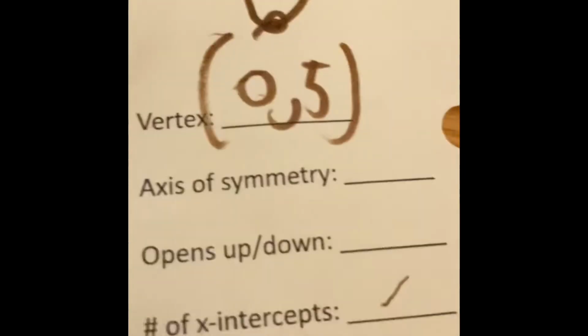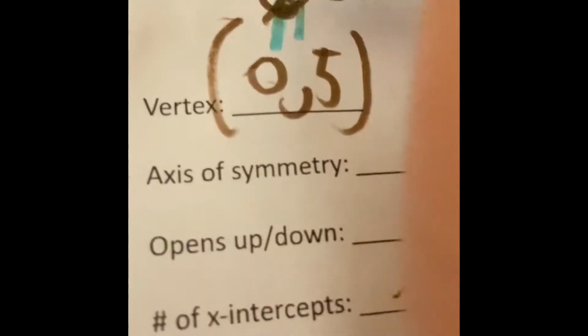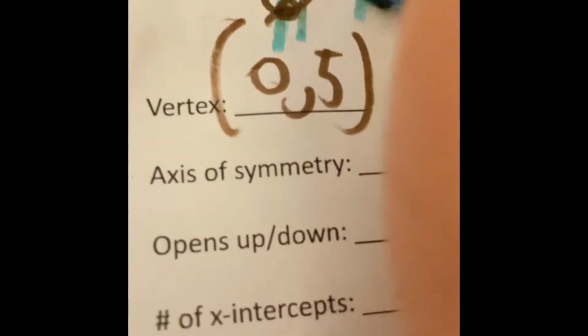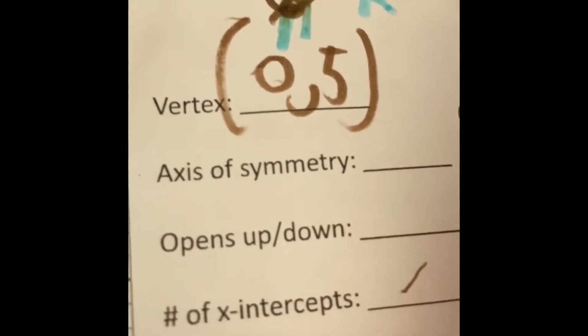The next thing we have to do is find the axis of symmetry. In the previous videos, the axis of symmetry is sort of like the center line of the parabola. If you fold the parabola in half, the right side should match the left side like a mirrored image.